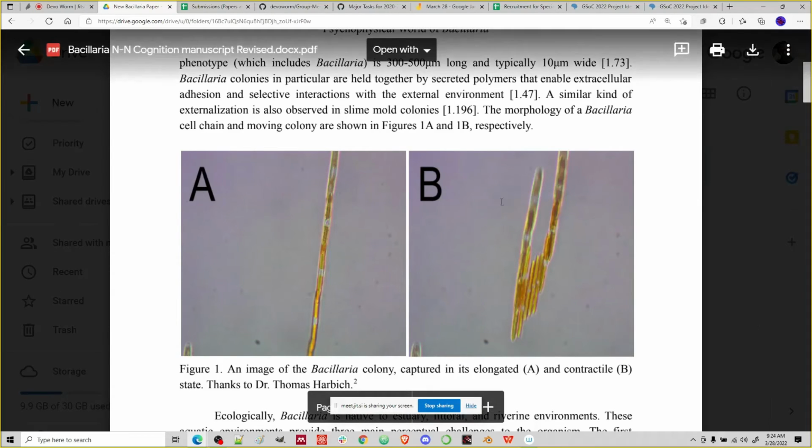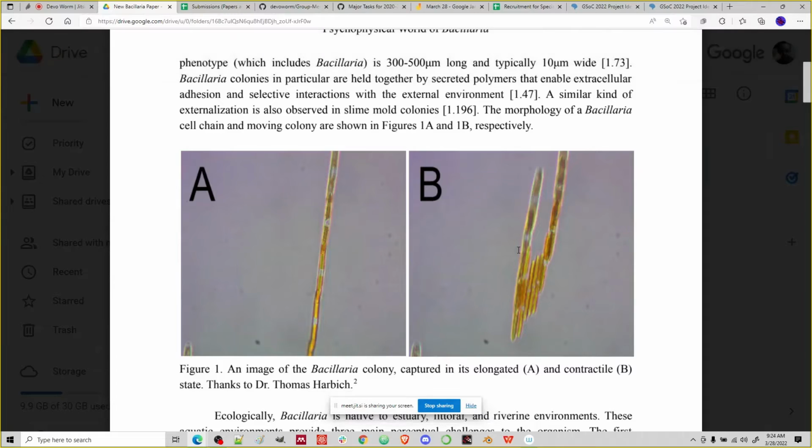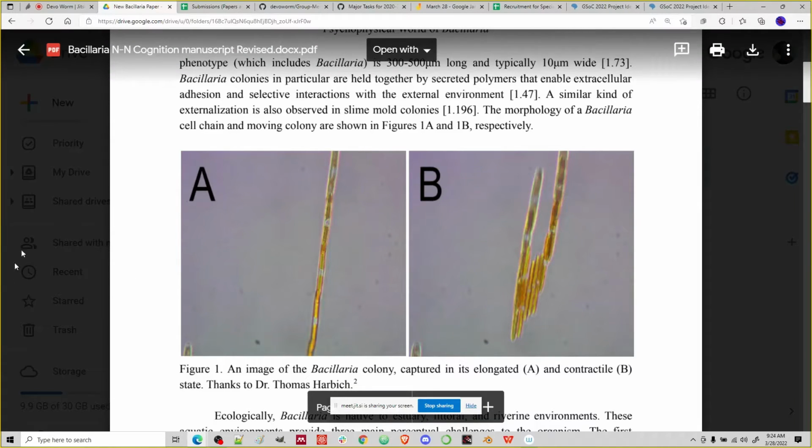They can change their shape or move depending on the environmental stimuli they encounter, like light and water chemistry. This chain of cells, or Basilaria colony, responds to these things.